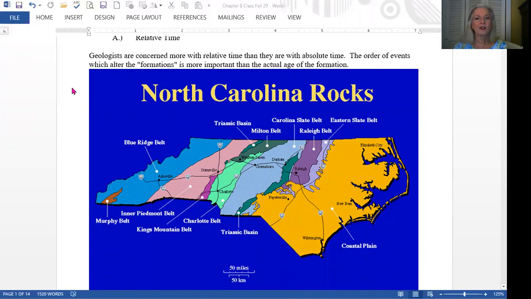So this is a generalized geologic map for the state of North Carolina. And you can see it's divided into different regions where there's the coastal plain, there's the Raleigh Belt, the Carolina Slate Belt, and so on as we go along.